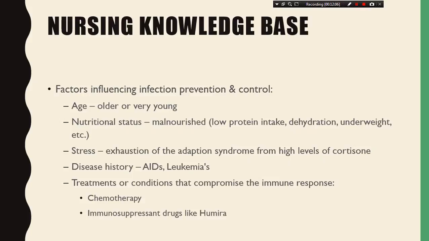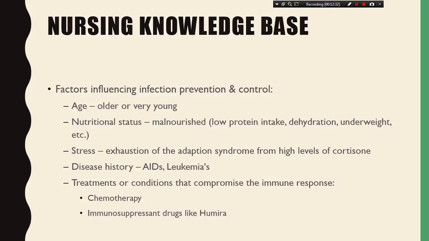Disease history. Does this patient have AIDS, leukemia? So their white blood cell counts, their neutrophils, their CD4 counts might be low, and this could predispose them to infectious diseases or opportunistic diseases. Some treatments or conditions that compromise the immune system are chemotherapy, immunosuppressant drugs like Humira.